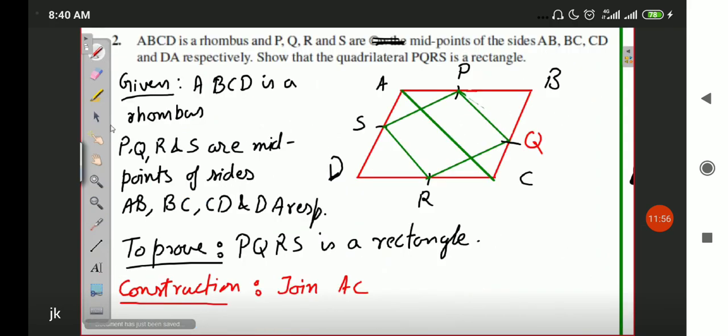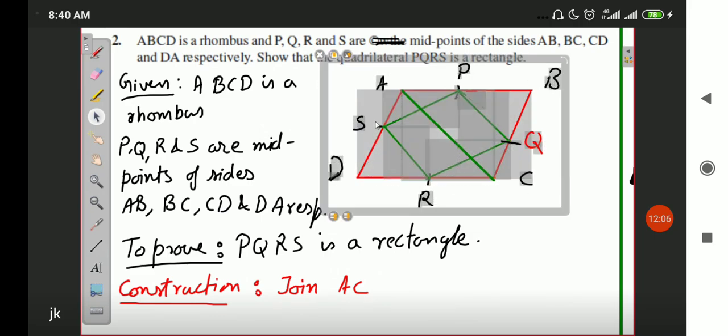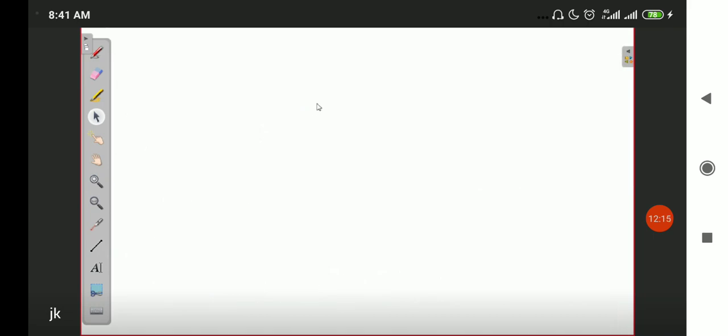So with this we have completed the first part of the question. Now let me drag the figure for you somewhere else, because I want to explain the second part of the question to you with the help of this figure.